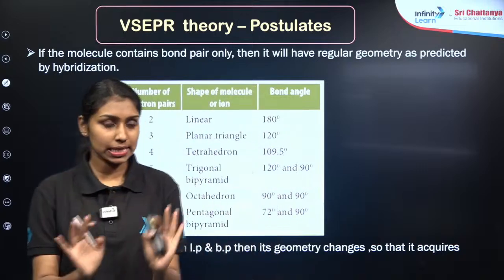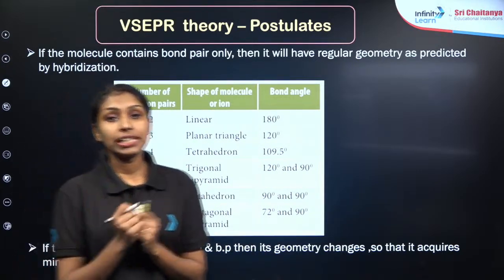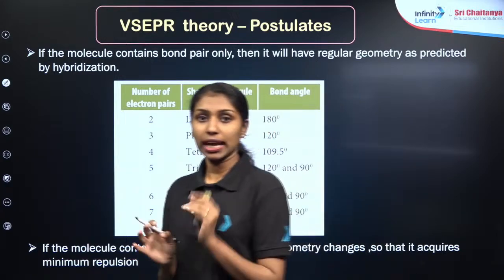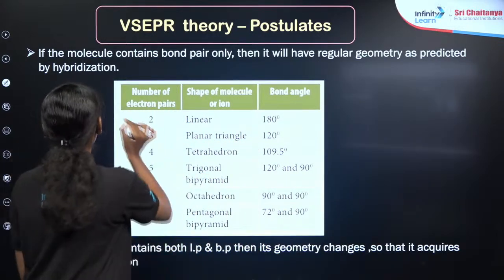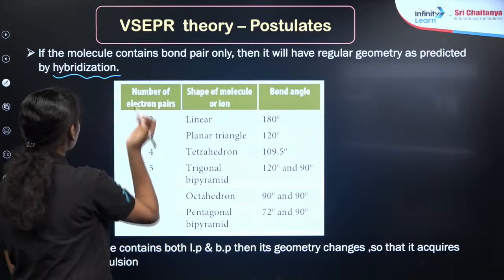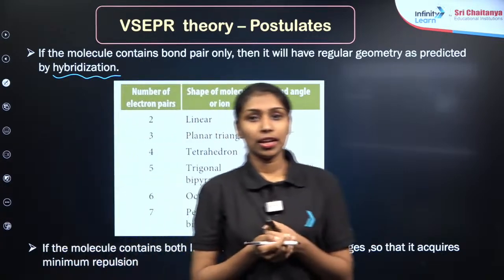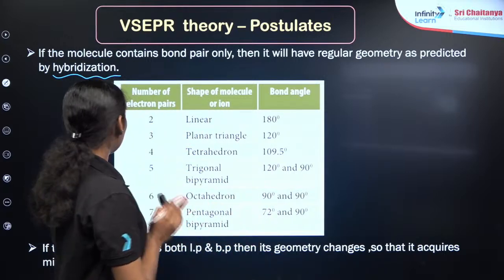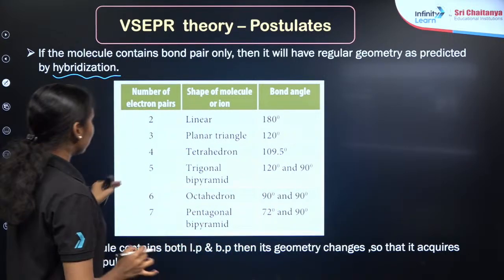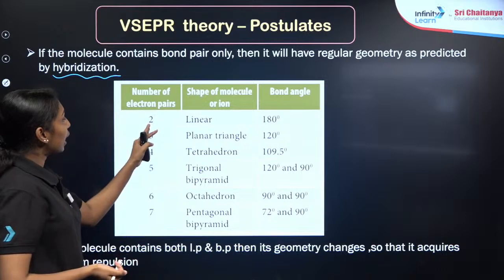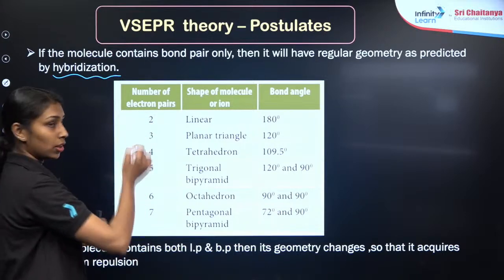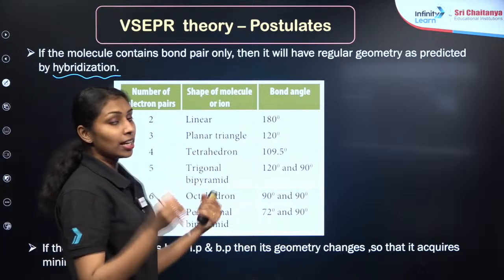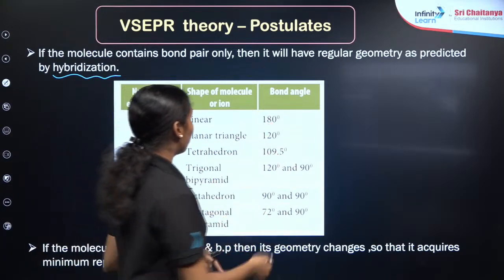Now, we will be discussing the shape of the molecule. If there are no lone pairs on the central atom, there will be the same shape or geometry as shown by the hybridization, right? I hope everyone has a little bit of idea about the hybridization. Or not, we will discuss the detailed explanation of the hybridization in the next class also. As you can see here in this table, if the molecule contains only 2 bond pairs, it will have the shape of linear, which will be in a straight line having the bond angle of 180 degree.